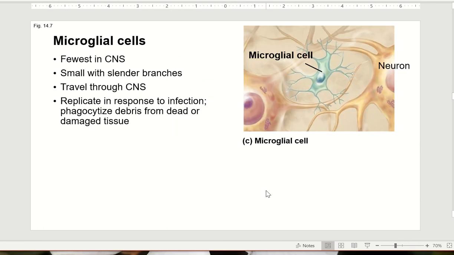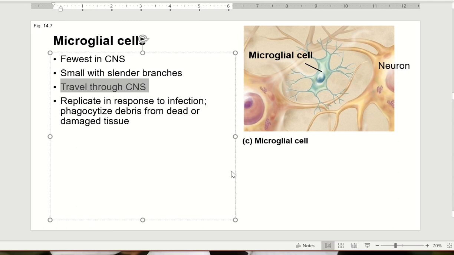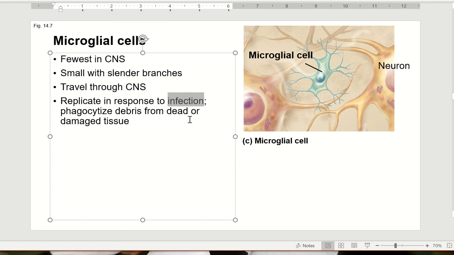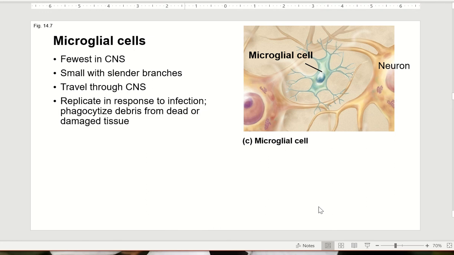Now, microglial cells, they're really tiny. They have a few little branches on them, and these are going to move around through the central nervous system. They're going to be immune cells. When there is an infection in the central nervous system, they are going to do mitosis so that they can phagocytize dead cells or damaged tissues and clean up any problems within the central nervous system.